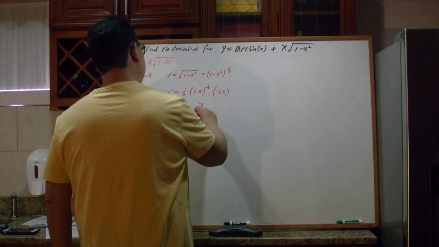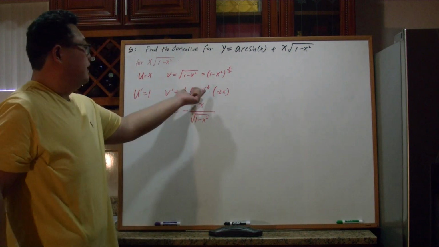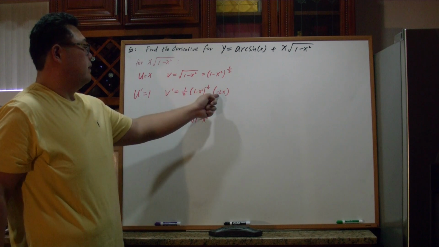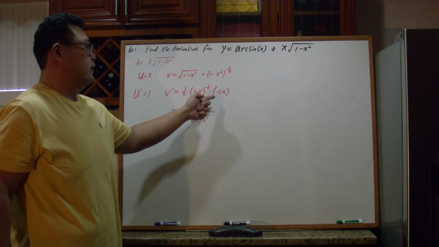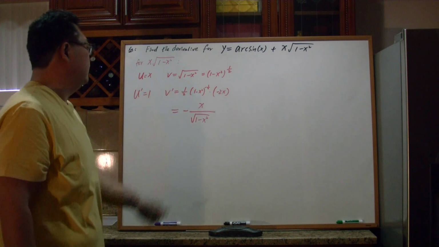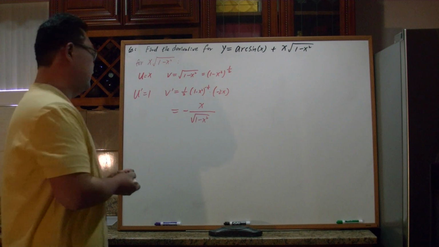That is negative x over the square root of 1 minus x squared. Flip the power down and it becomes a radical. 1/2 times 2x, get rid of the fraction, and that will remain negative x on the numerator. Well, that's what we have for the product here.